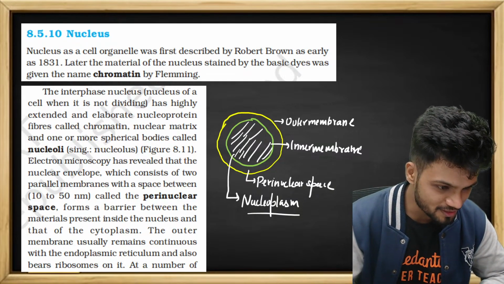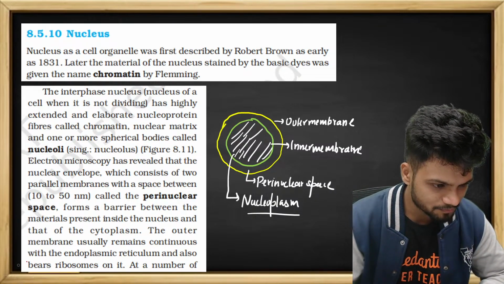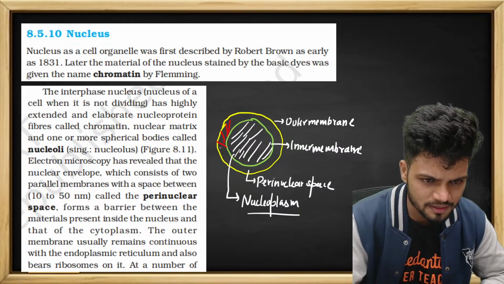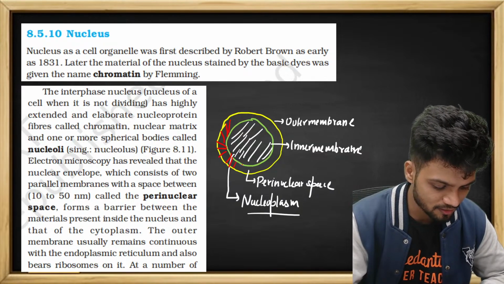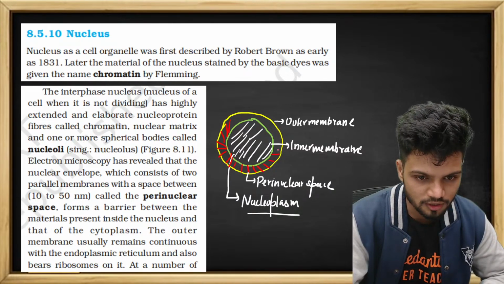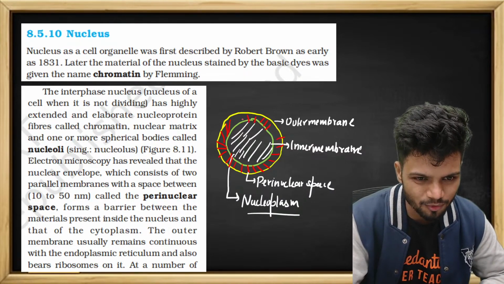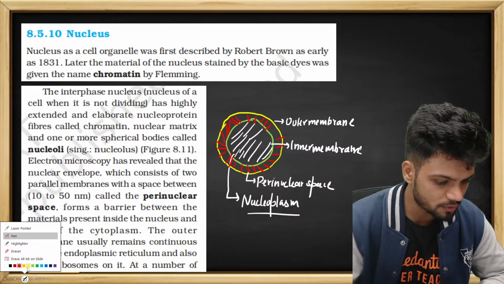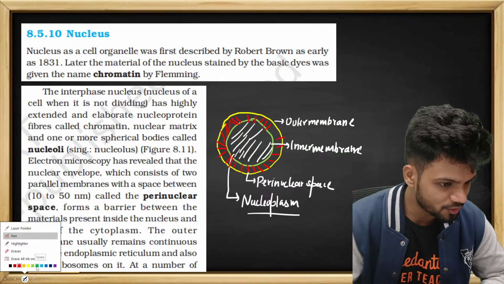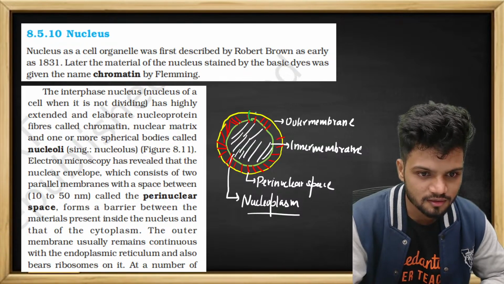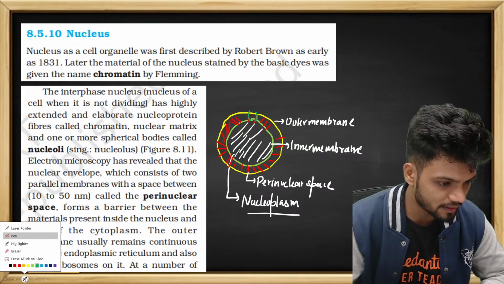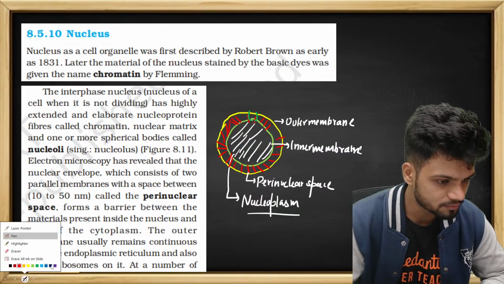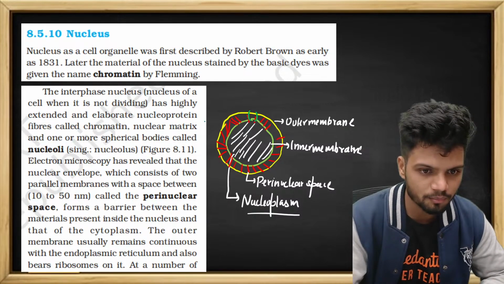Right. Now students, you need to understand that in this perinuclear space there are small holes. Obviously, from the nucleus, your DNA and RNA have to come out. Some form of RNA and proteins have to travel.